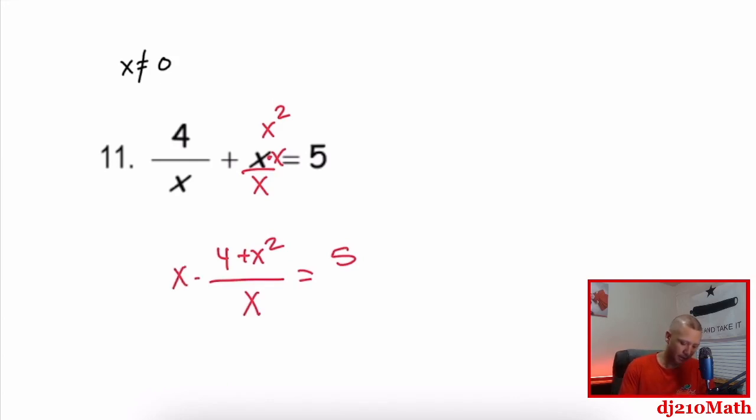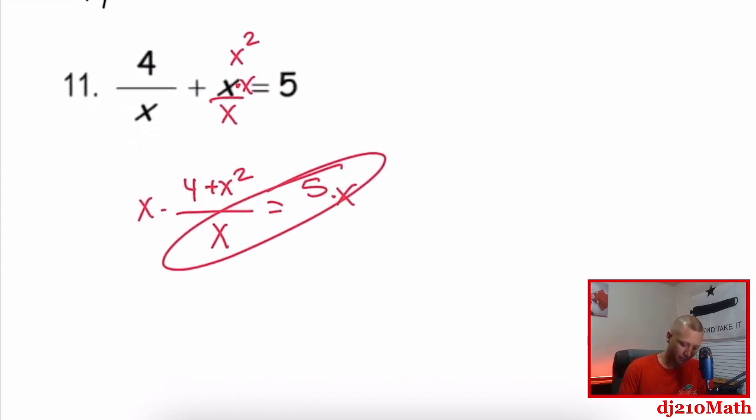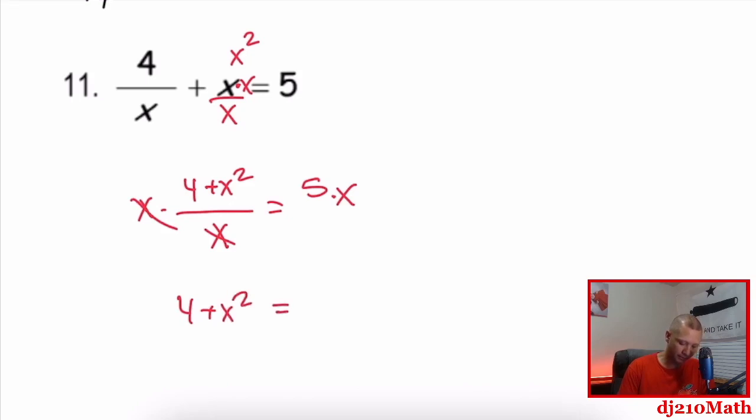Multiply both sides by x, or if we stick to what we've been doing, 5x, that's the same thing. So on the left-hand side, the x's cancel. Whatever the case is, 4 plus x squared is on the left. 5x is on the right. That's what it is.